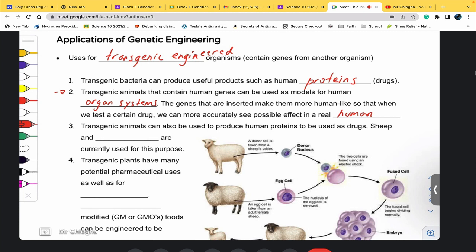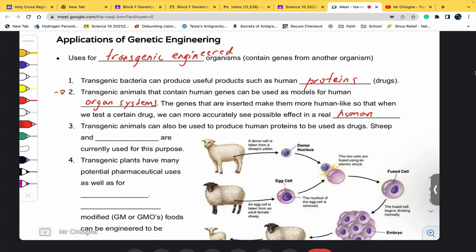We can do tests on them to see how the different drugs perform, and then get an idea of whether they're going to affect human beings in a positive way or not.